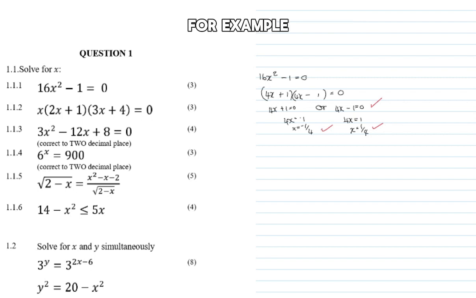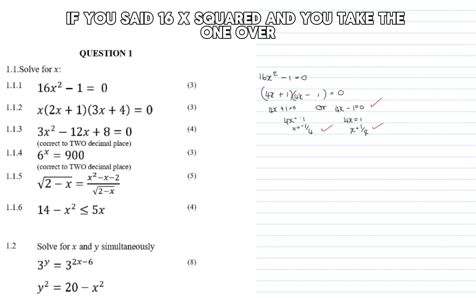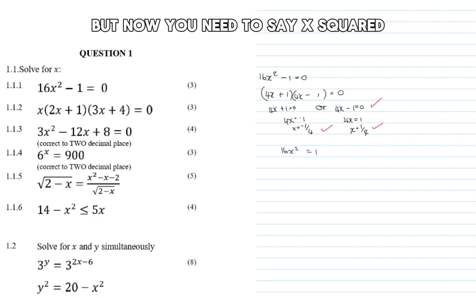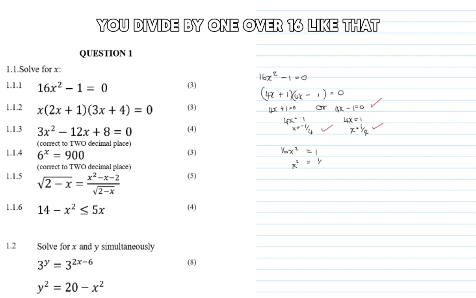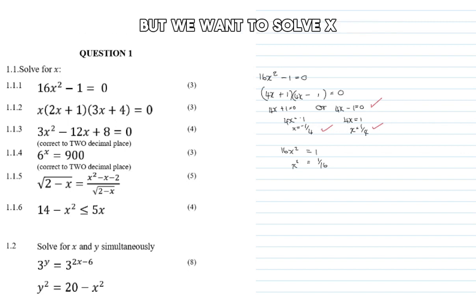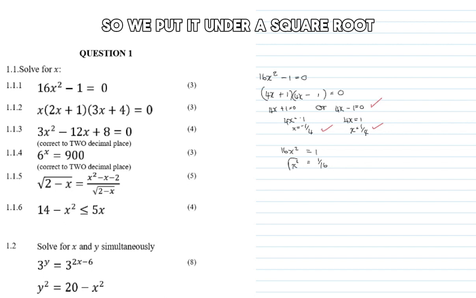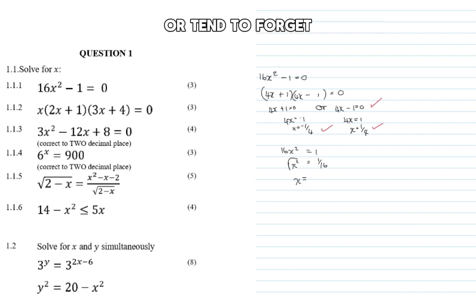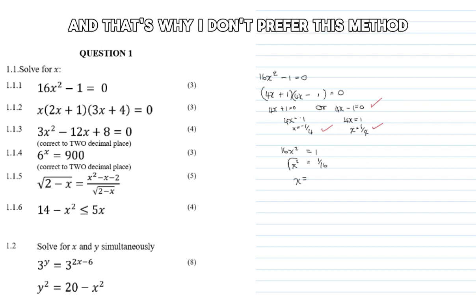For example, if you said 16x squared equals 1, and you take the 1 over, it becomes 1 on the other side. But now you need to say x squared equals 1 over 16. We want to solve not x squared, but x, so we put it under a square root, so that becomes x is equal to, and this is the important part that many of our learners forgot or tend to forget, and that's why I don't prefer this method.